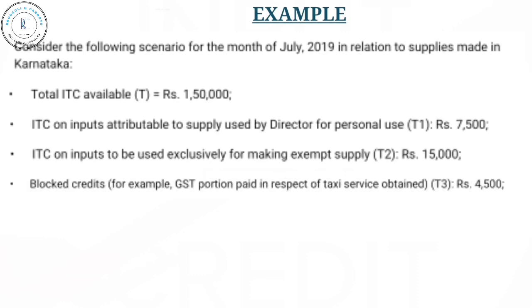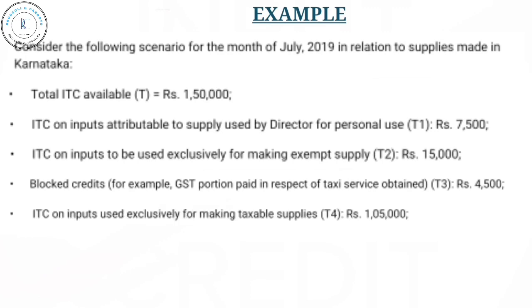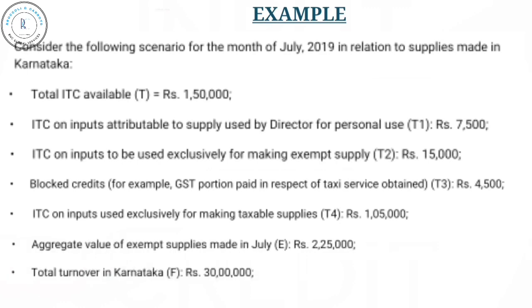Blocked credits, for example GST paid in respect of taxi service obtained, T3: 4,500 rupees. ITC on inputs used exclusively for making taxable supplies, D4: 105,000 rupees. Aggregate value of exempt supplies made in July, E: 225,000 rupees. Total turnover in Karnataka, F: 3 million rupees.